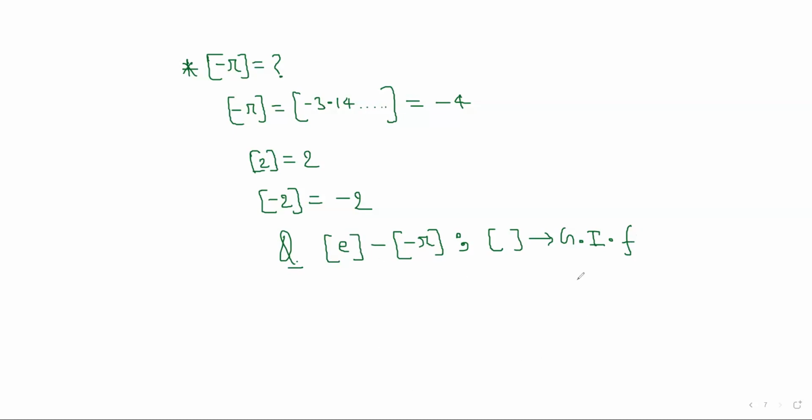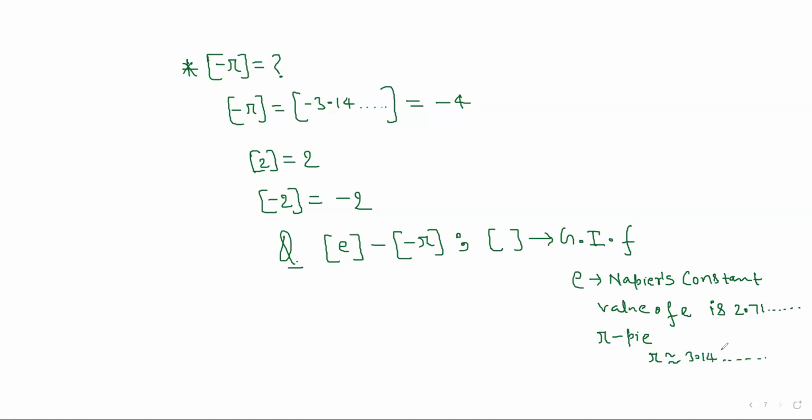E is Napier's constant. The value of e is 2.71 and so on. The value of pi is 3.14 and so on.